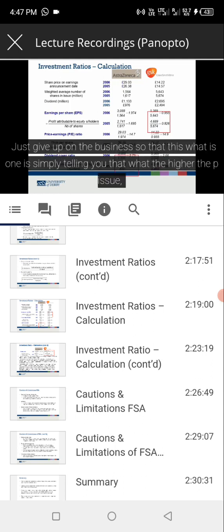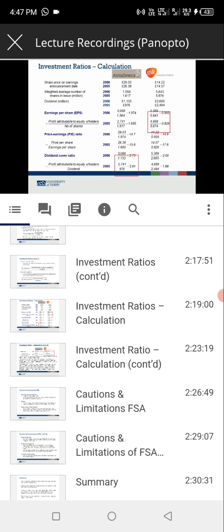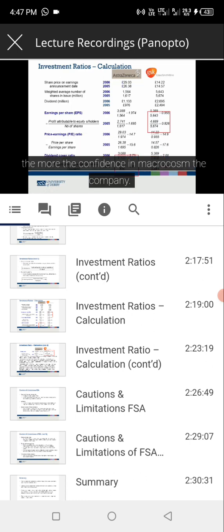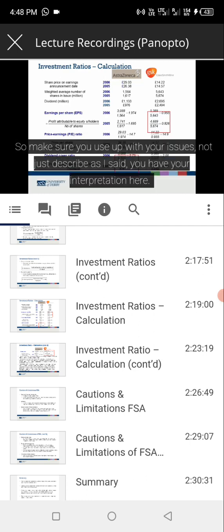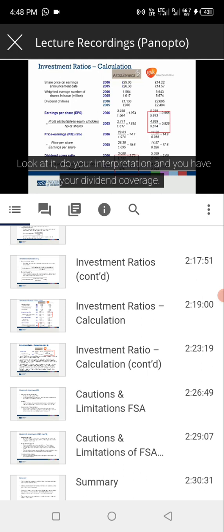So what this one is simply telling you is that the higher the PE ratio, the more the confidence the market has in the company. That's a measure of the confidence of the market. So the higher the PE ratio, the better for the company. Is that okay? That shows that the market really believes in the long-term future of the company. Is that okay? So make sure you interpret your ratios. Don't just describe, as I said. You have your interpretation here. Look at it, do your interpretation.